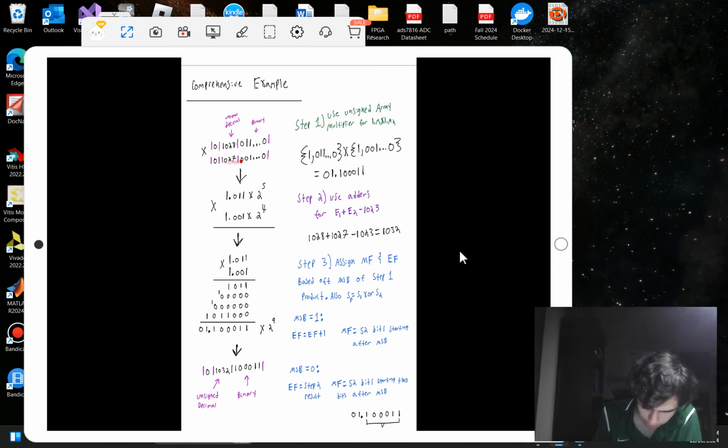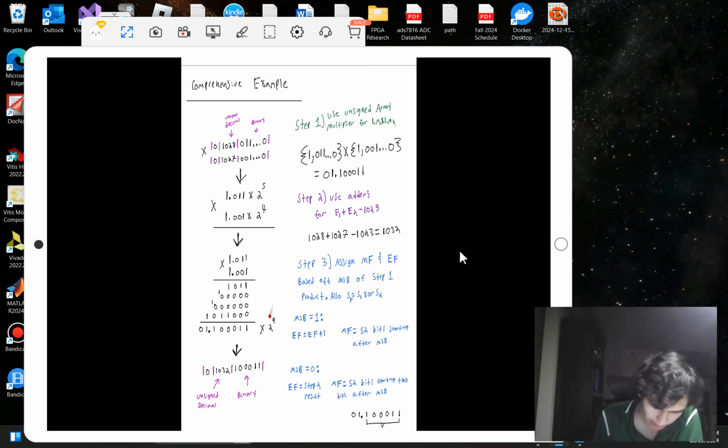So like for this floating point value, step 1 would accomplish all of this through doing this. So you take 1 concatenated with this times 1 concatenated with this to get this, which is what you will get from multiplying it up. Step 2 is going to be to just use adders to compute this. So in step 2, you take 5 plus 4 to get 9. Well, we don't have 5, we have 1028. We don't have 4, we have 1027.